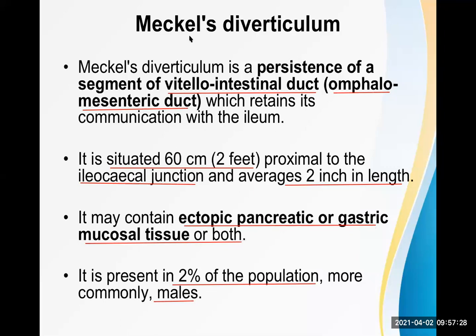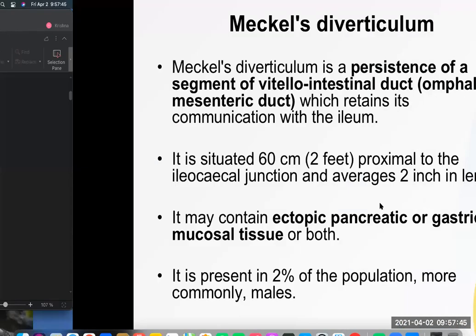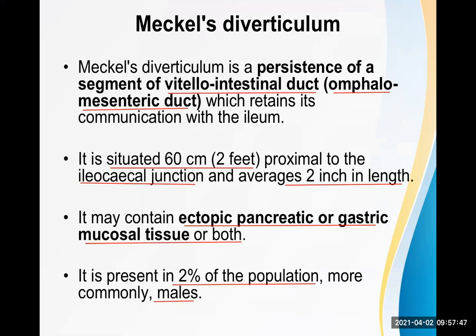Parietal cells, chief cells, and some other cells like enterochromaffin cells. They are responsible for the secretion of other GI hormones like gastrin. Now, parietal cells are responsible for the secretion of hydrochloric acid, HCl, and intrinsic factor.